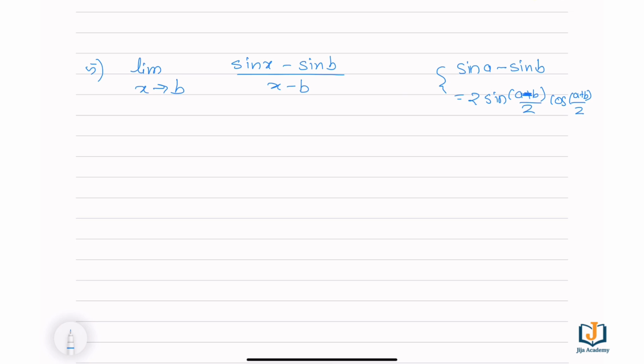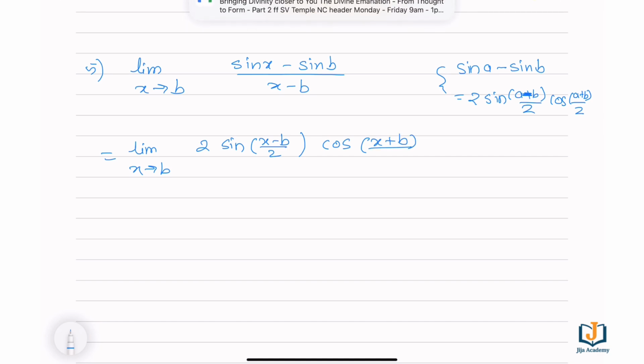So we are using that formula. We get the limit as x tends to b of 2 sin of x minus b divided by 2 and cos of x plus b divided by 2, divided by x minus b.